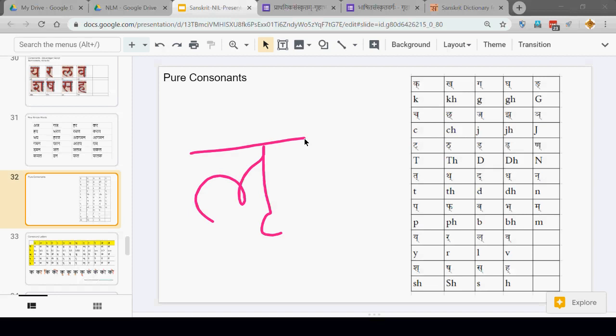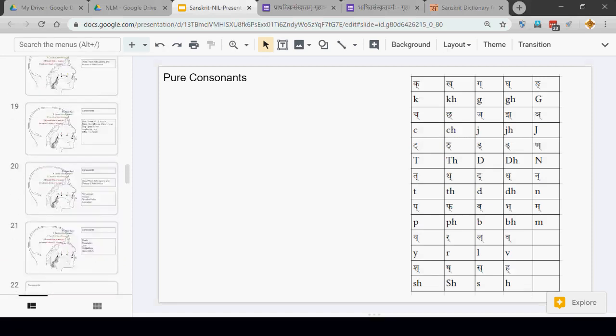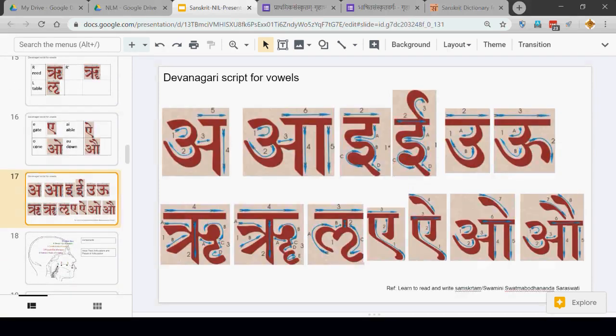There is a lot of confusion that happens, even in the Sanskrit speaking community, when these vowels are presented, like e, u, ru, because the symbol is like this, many people pronounce it with an r sound.